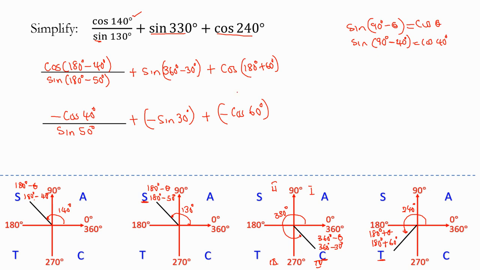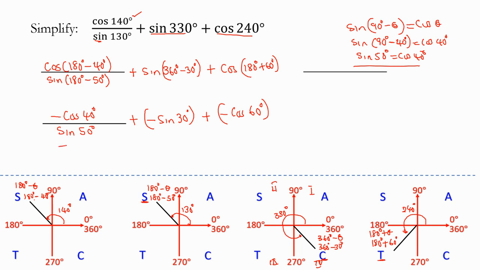So sine 50 degrees is equal to cos 40. Just know that they are complementary angles. So we're going to change our sine 50 to become cos 40.